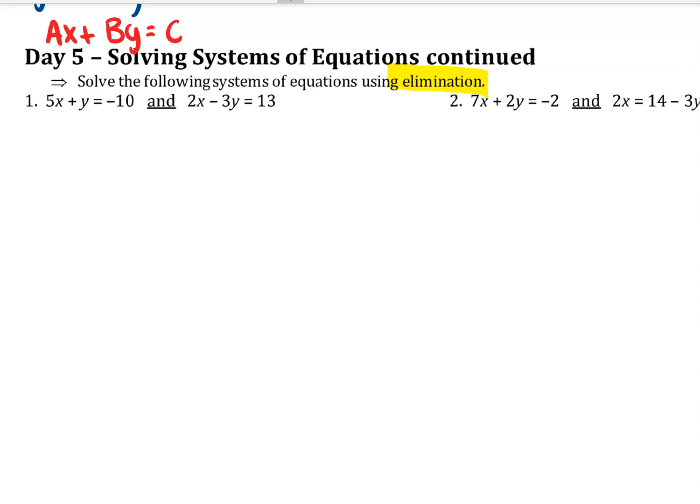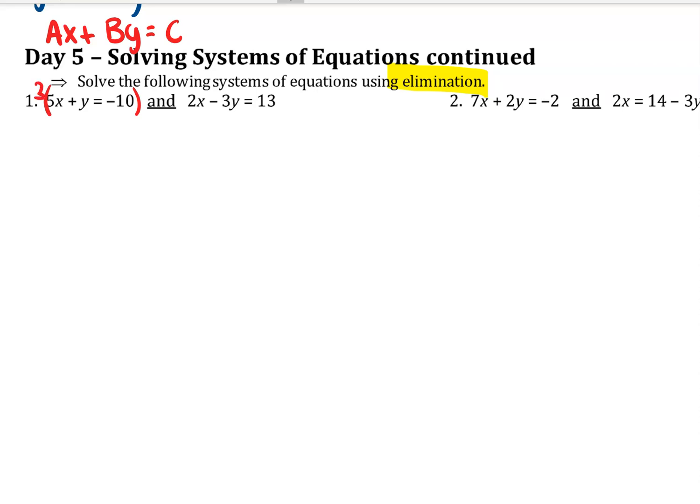Here we have positive 1y and -3y. The least common multiple between 1 and 3 is 3, which means we can get them both to be 3. This one's already -3, but I can get this one to be 3 by just multiplying it by 3. Whatever you do to this, you have to do to the entire equation, though. So I'm going to multiply this entire equation by 3.